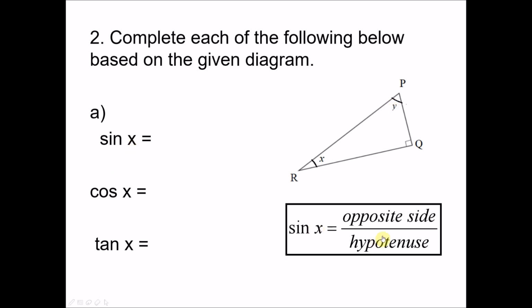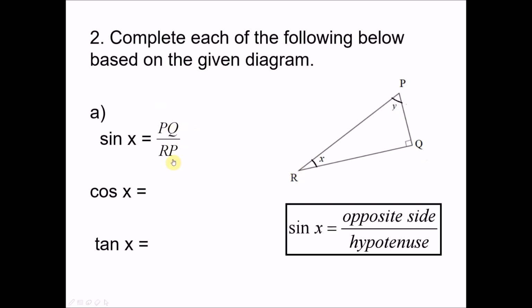According to the formula, sine of a reference angle, the acute angle here, equals the opposite side over the hypotenuse. So the opposite side for this angle is PQ, and the hypotenuse is the side opposite to the right angle, which is PR. So PQ over PR is the answer.